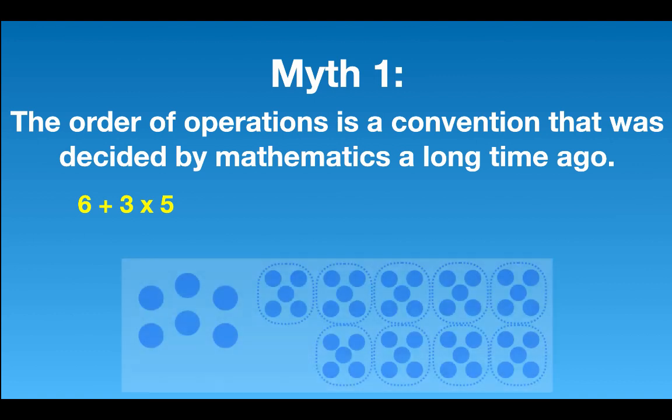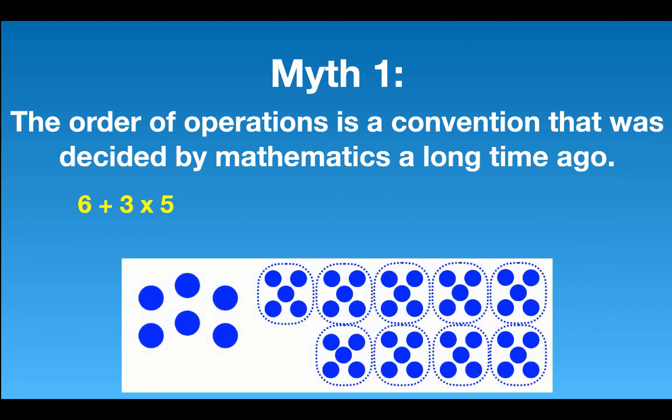By adding 6 plus 3, we're changing the meaning of the expression to 6 plus 3, or 9 groups of 5. Visually, at the bottom of the screen, you can see what that looks like and how it differs from what we saw in the previous screen. Either way, this is not equivalent to 6 plus 3 times 5, nor 6 plus 5 plus 5 plus 5.